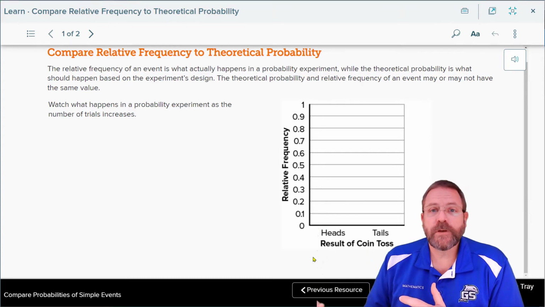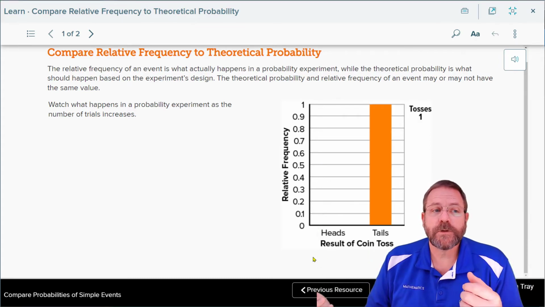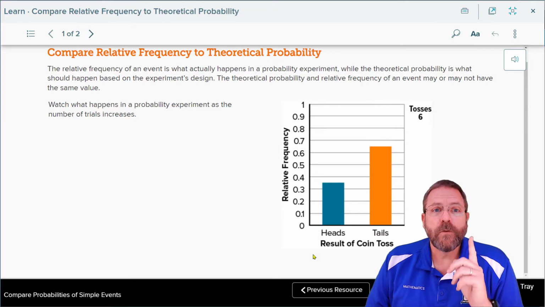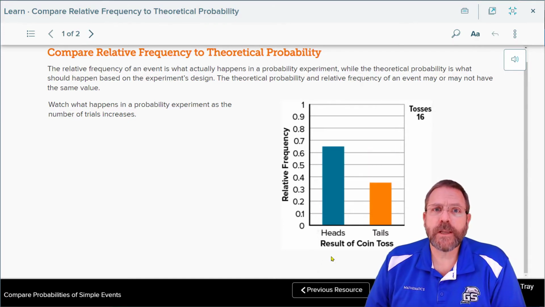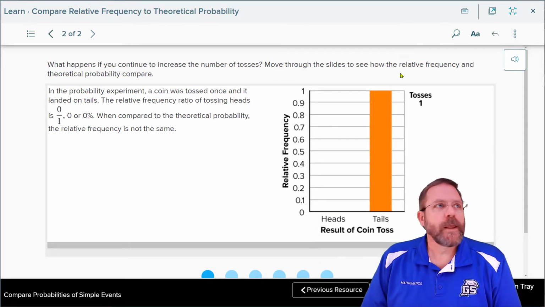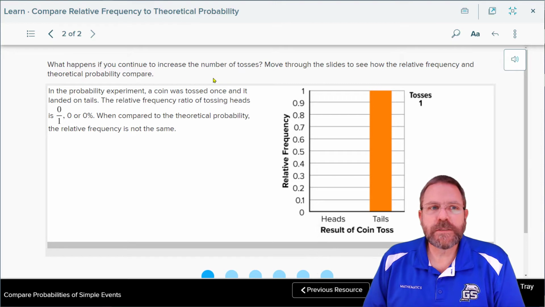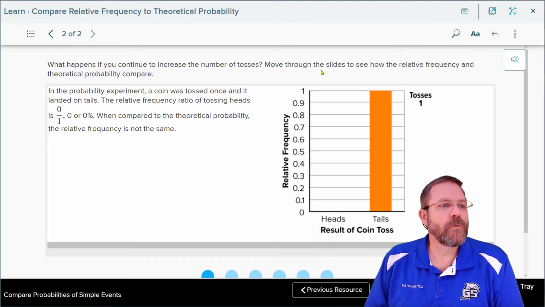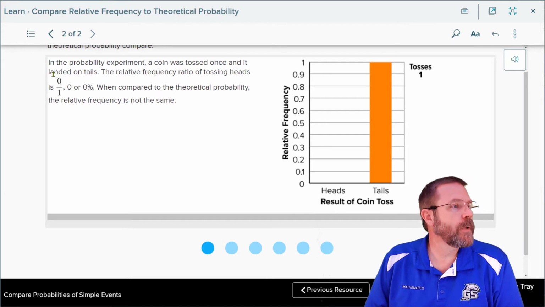You always have a 50% chance of heads, 50% chance of tails. But the relative frequency, what really happens in the world, changes every time you flip the coin. Now the next question they have is what happens if you increase the number of tosses. We're going to move through the slides to see how the relative frequency and the theoretical probability compare.